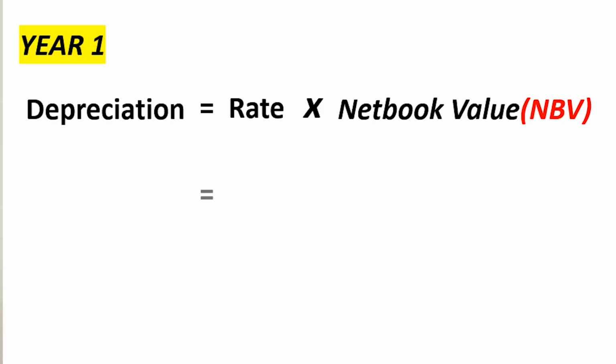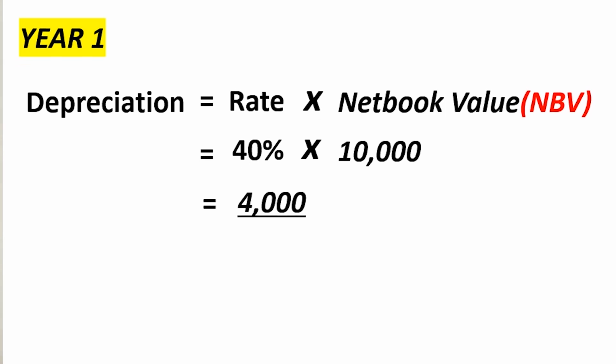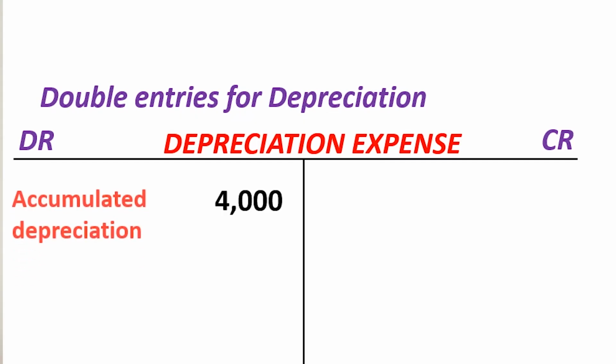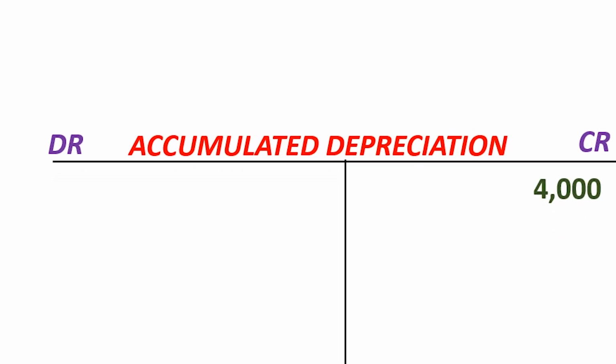So 40% of the net book value in the first year is going to be 4,000. And so that 4,000 in the first year is going to be the depreciation. The double entry there is that we debit the depreciation expense account by 4,000, and we credit the accumulated depreciation account by the same amount of 4,000.